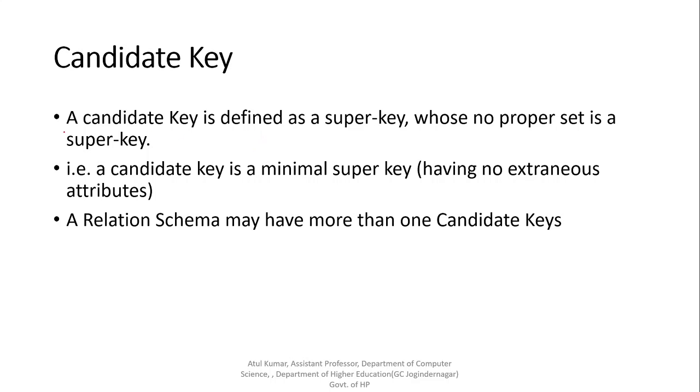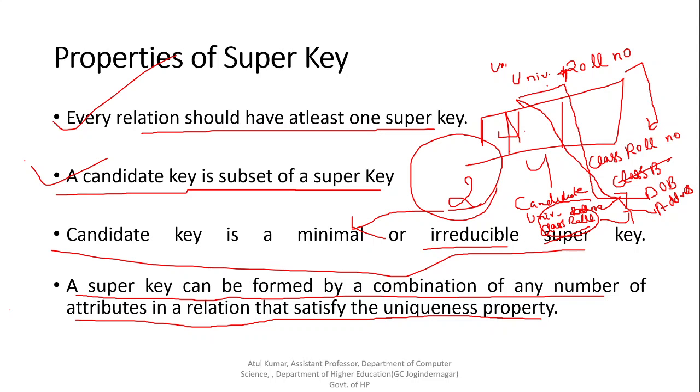Next key we have is the candidate key. A candidate key is defined as a super key whose no proper subset is a super key. If I talk in simple language, a candidate key is a subset of the super key. Like in this example we have 4 attributes and we have taken 2 attributes in the candidate key.